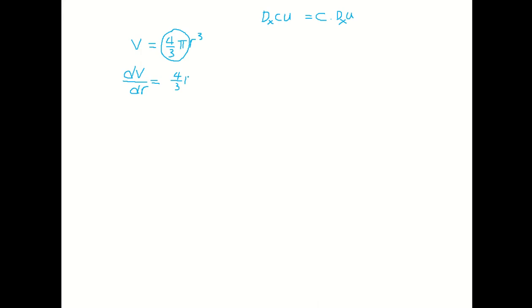And then applying the power rule, because our u here is in terms of r, we have to use the derivative of u to the n with respect to x, which is equal to n times u to the n minus 1 times the derivative of u, if we use the general power rule.